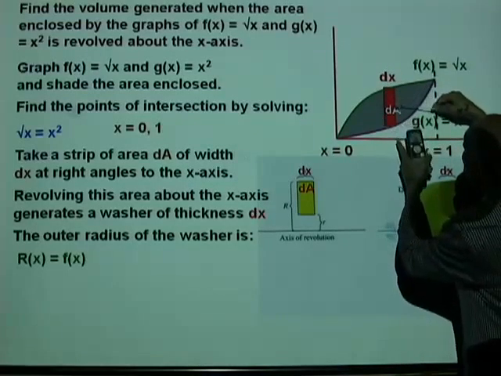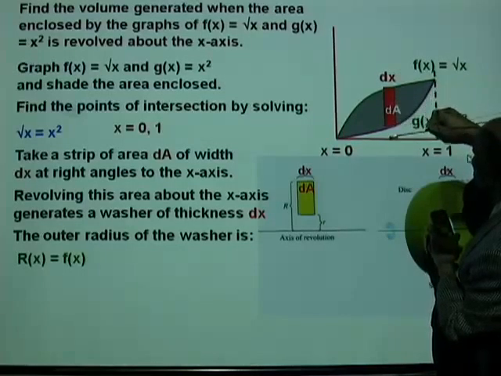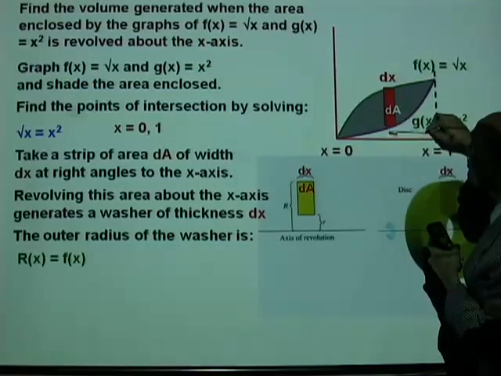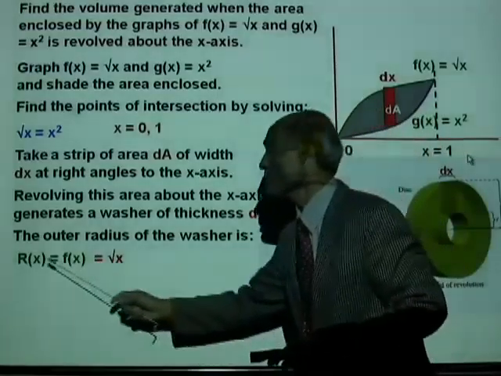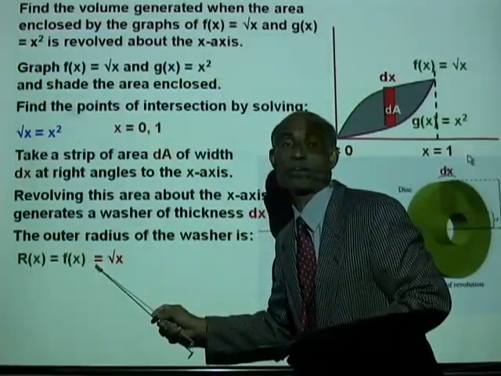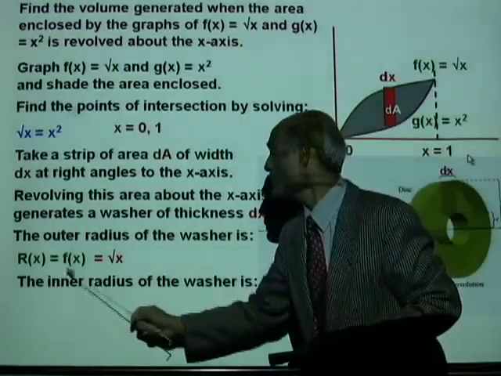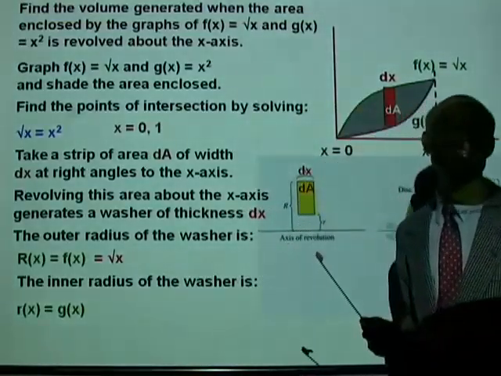When you revolve this area about the x-axis, the outer radius is that distance, which is f of x. And the inner radius is the radius of the hole, that is g of x. So the uppercase r of x, which is the outer radius, is square root of x. And the inner radius, lowercase r of x, is g of x.